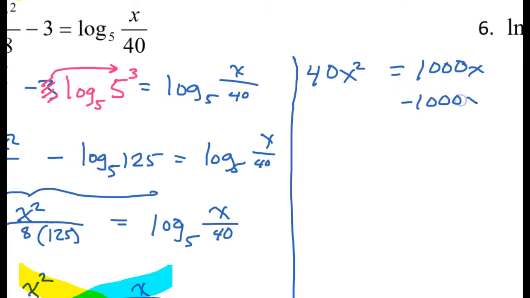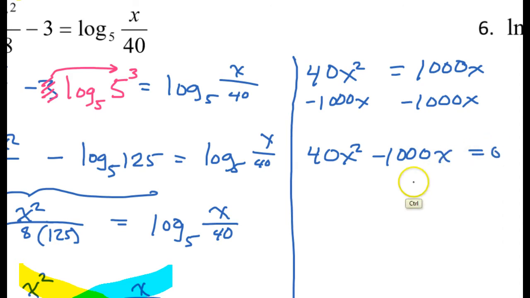So I'm going to subtract 1,000x, and so that will give me 40x squared minus 1,000x is equal to 0. There's definitely a common factor here. Let's see how many times 40 goes into 1,000. Well, that's 25 times. So the greatest common factor is 40x. So that's going to leave behind x minus 25.